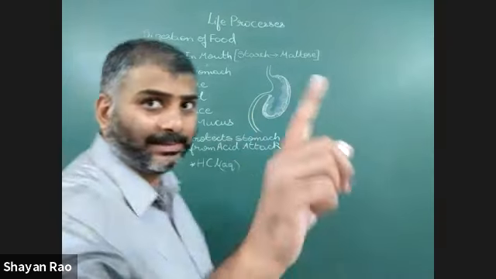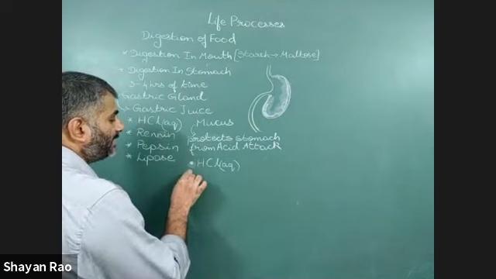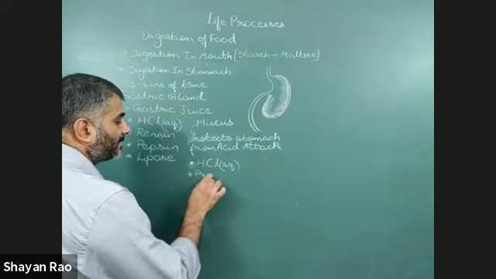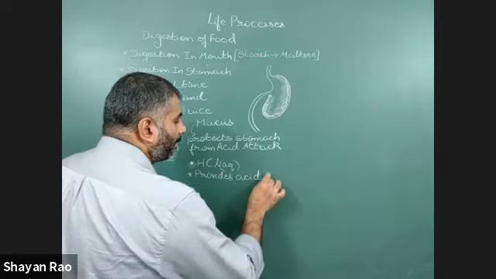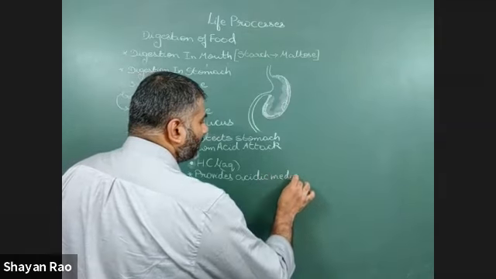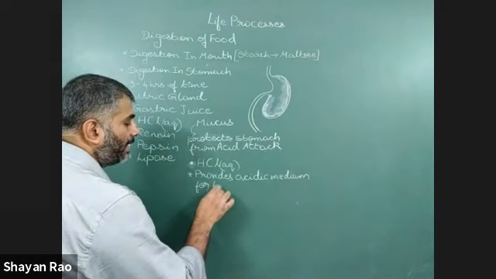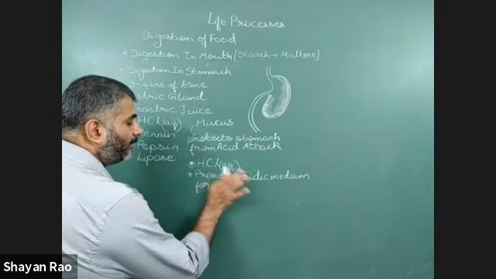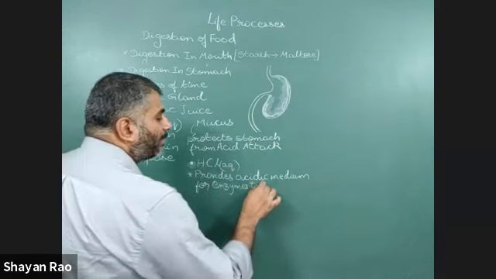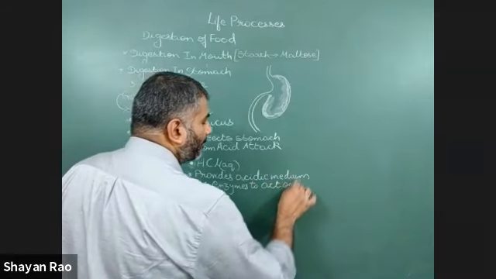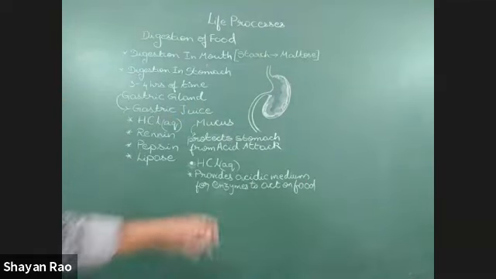First and foremost, HCl provides acidic medium for enzymes to act on food. So what is this? It is providing acidic medium for enzymes to act on food.